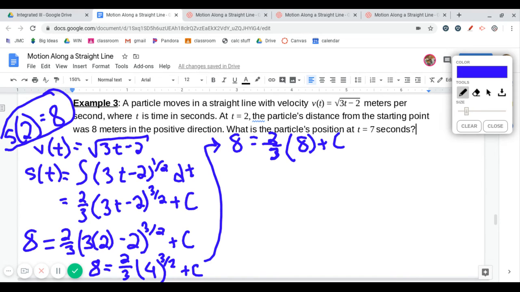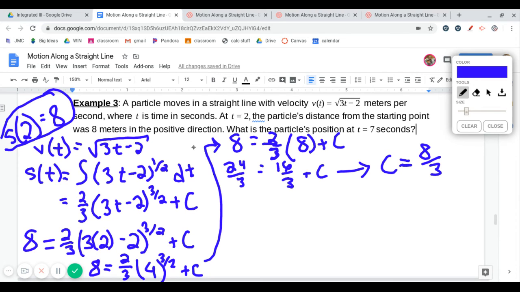So when we simplify this, we get 16 over 3 plus c equals 8, which is 24 over 3, which means c equals 8 over 3, because that's 24 over 3 minus 16 over 3.